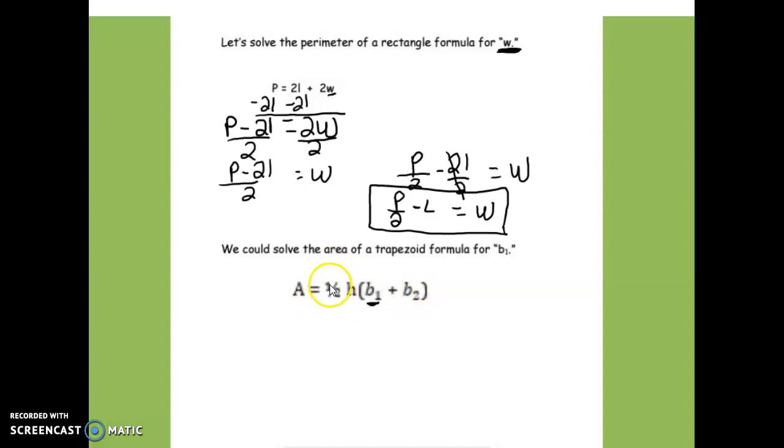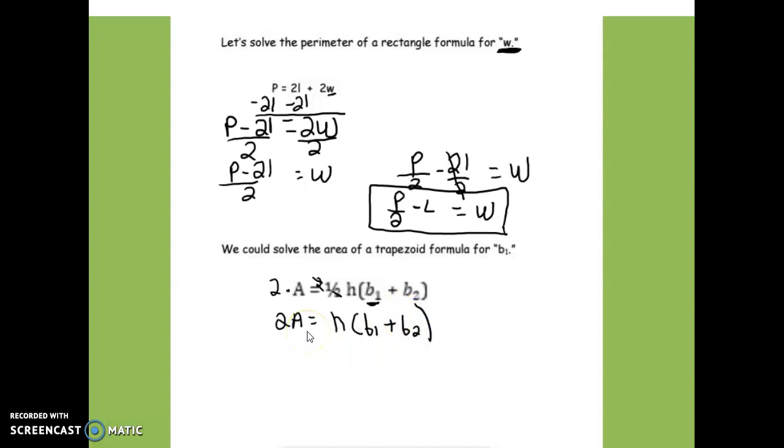So if I'm going to get rid of a fraction, I'm going to basically multiply by the reciprocal, or just multiply by 2, right? And the 2's cancel. Whatever I do to one side, I'm going to do to the other. So they'll have 2a equals a half times h times b1 plus b2.